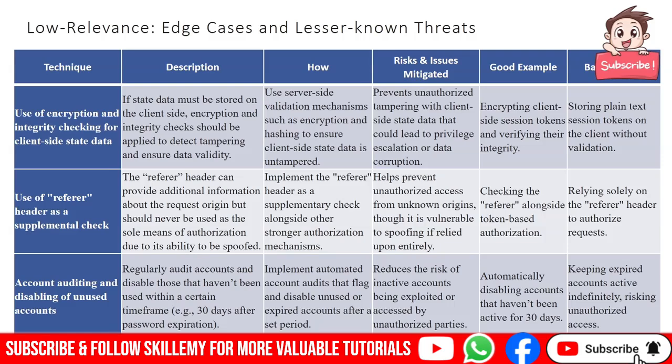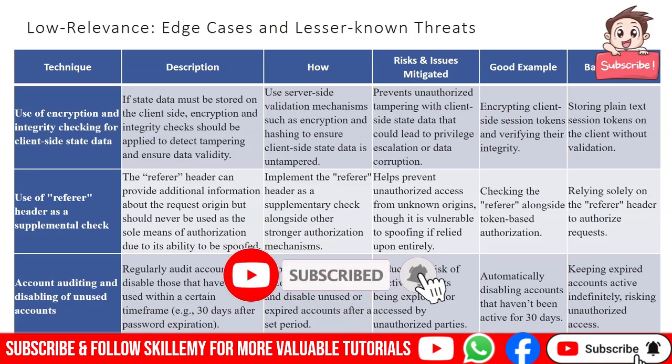Instead, it should be combined with more robust methods, like session tokens or role-based access control. By doing so, we add an extra layer of verification while still relying on stronger primary security measures. It can provide some useful information but should not be treated as a reliable security gate on its own.